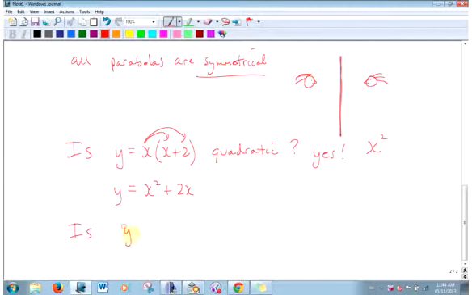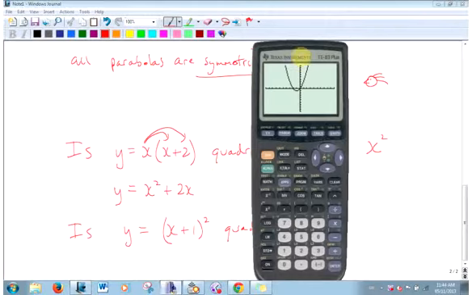How about this one? Is that going to make a parabola shape? Is that quadratic? How can we find out for sure? I don't remember this algebra stuff.